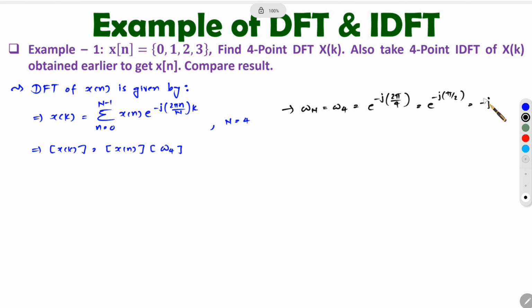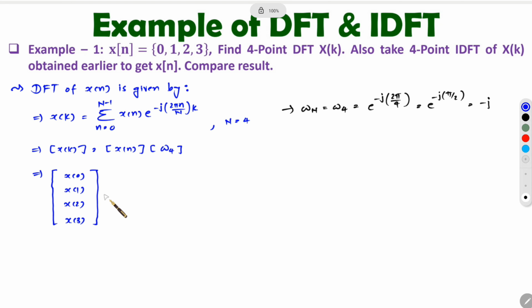Now using this weightage, we will write matrix of W4. Let me explain how to write matrix of W4. Here we have x of k that is having in total 4 points as per x of n. So here we will identify 4 points of x of k, that will be x of 0, x of 1, x of 2, and x of 3.